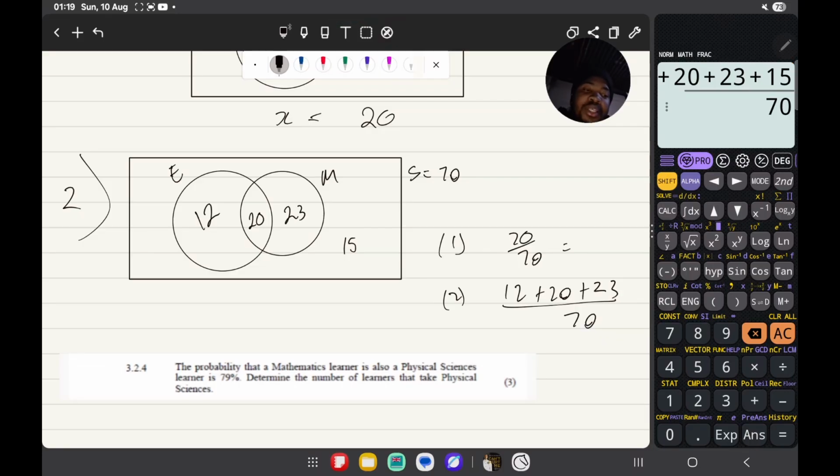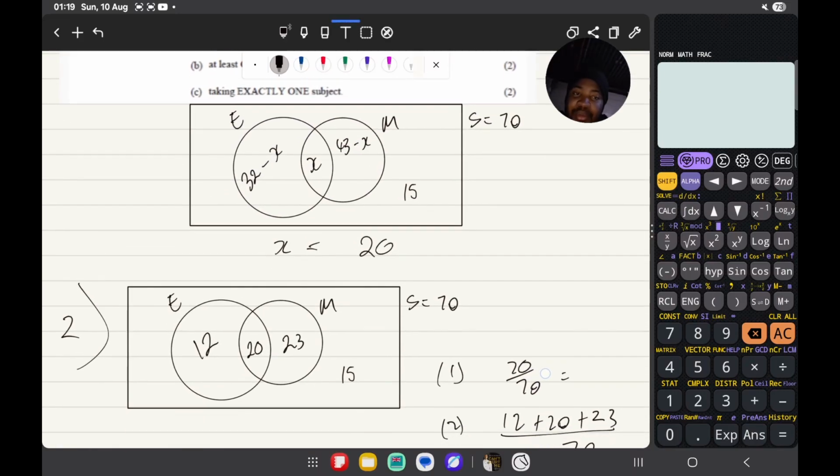Or, what I will say is try to find the solution via the normal way of calculating or. It's going to be the probability of A, which is 32 over 70, plus 43 over 70, and then we subtract the intersection, which is 20 over 70.